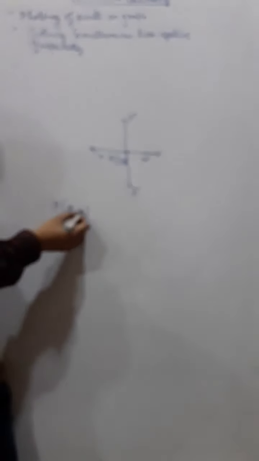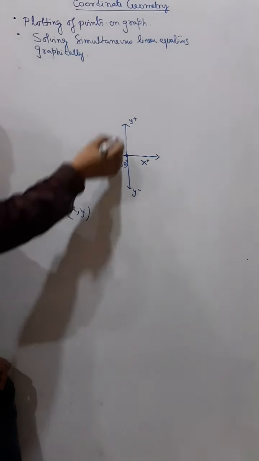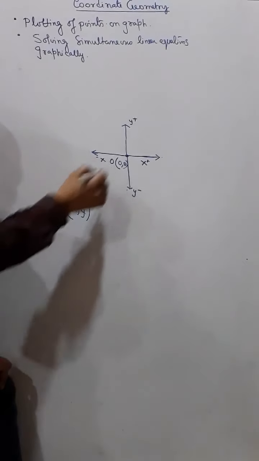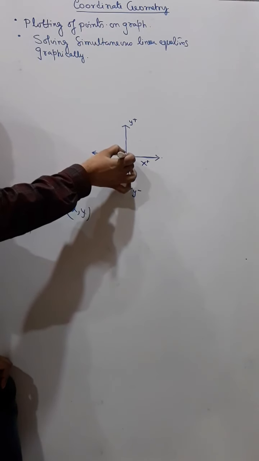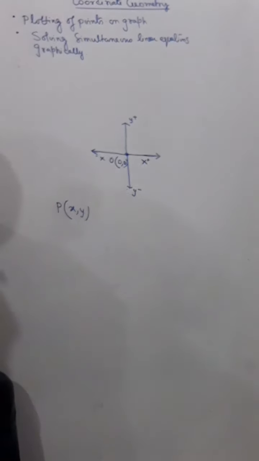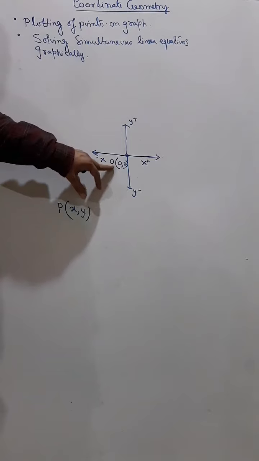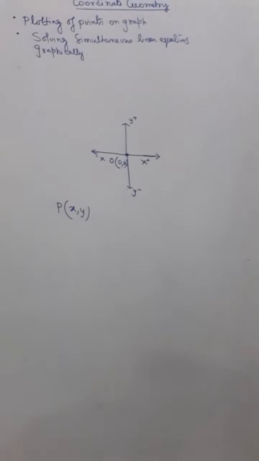Now x, y means the first value is from the x-axis and the second value is from the y-axis. Since this is the origin, at this point the value of x is also 0 and the value of y is also 0, and therefore the coordinate of origin O is always 0, 0.